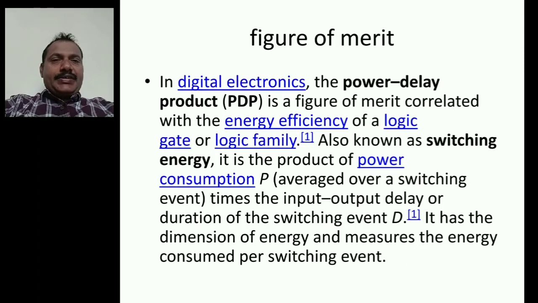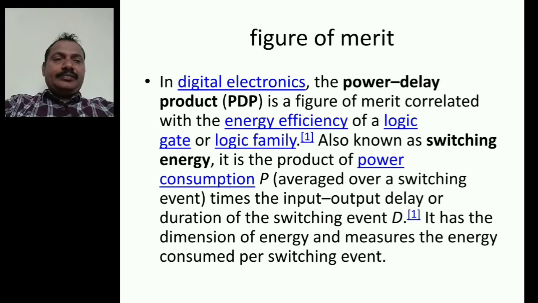Figure of merit. In digital circuits, the power delay product is the figure of merit, correlated with the energy efficiency of a logic gate or logic family, also known as switching energy. It is the product of power consumption times the input output delay or duration of the switching event.